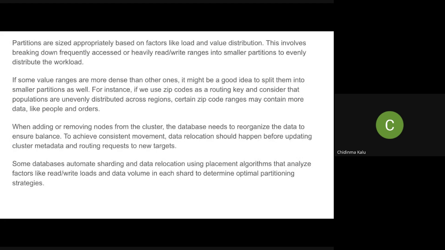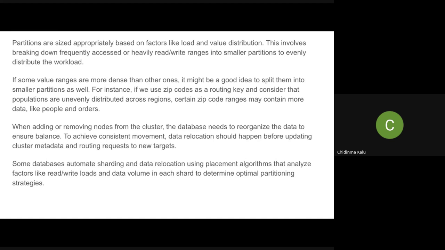So if we use zip codes as a routing key, we have to consider that, say in Lagos, Nigeria, populations are unevenly distributed across regions, and certain zip code ranges may contain more data, like people, than others. And let's also not forget that when adding or removing nodes from the cluster, the database needs to reorganize the data to ensure balance.